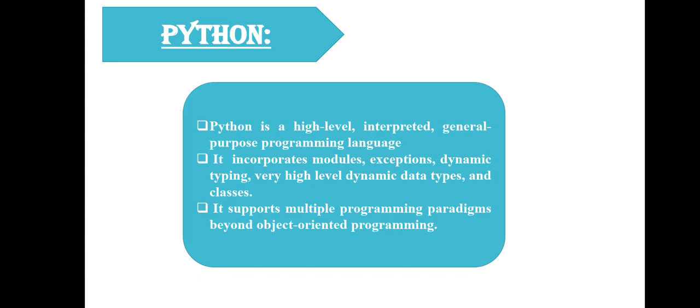Now, what is Python? Python is a coding language, a high level interpreted general purpose programming language. It incorporates modules, exceptions, dynamic typing, very high level dynamic data types and classes. It supports multiple programming paradigms beyond object oriented programming.